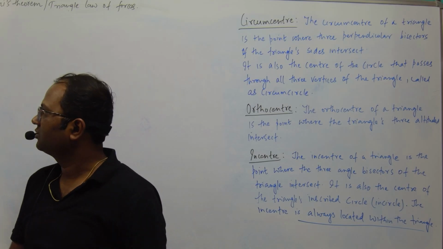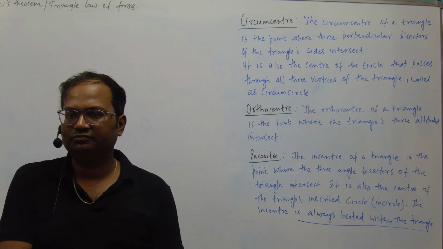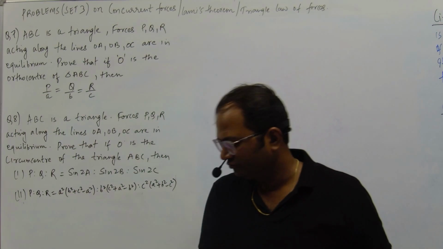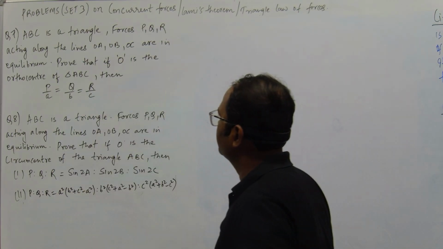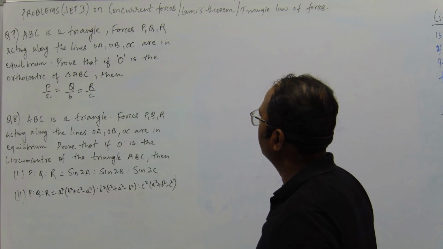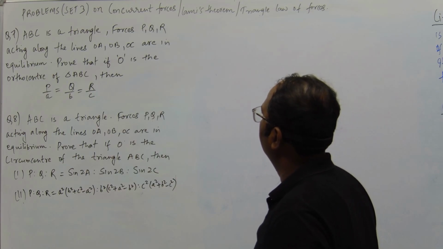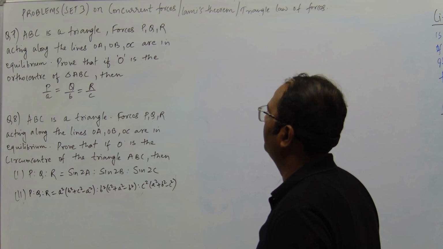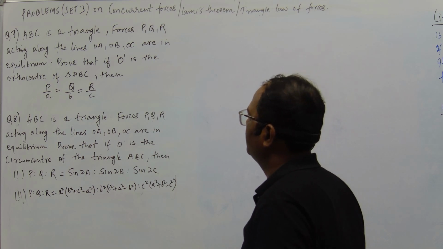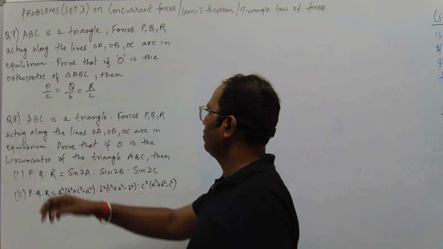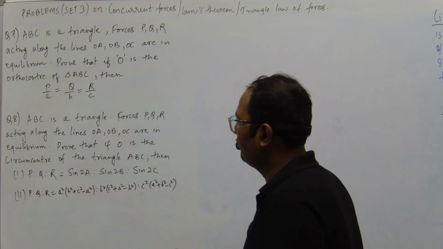Let us discuss the questions. In the first question, ABC is the triangle. Forces P, Q, R acting along the lines OA, OB, OC are in equilibrium. Prove that if O is the orthocenter of triangle ABC, then P upon A is equal to Q upon B is equal to R upon C. How can we solve this?